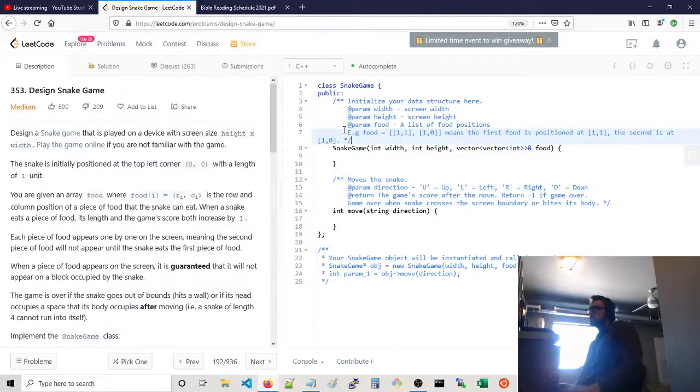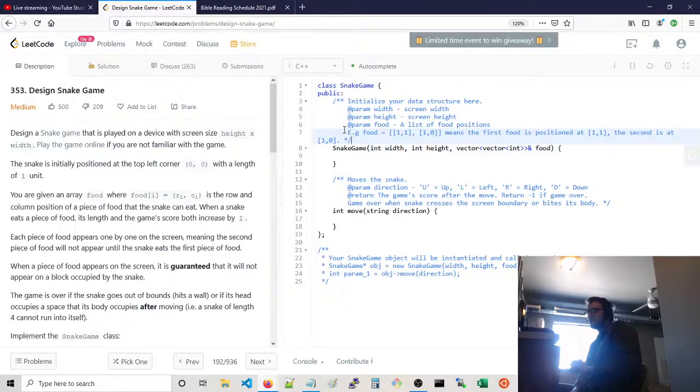You can also use that in constant time to check whether or not the head, after you've moved, is in the set. So you move first, recalculate everything, and then check if the head is in the set before you add the head.